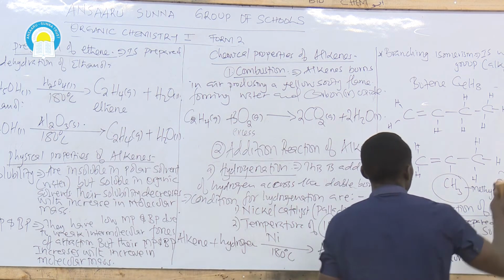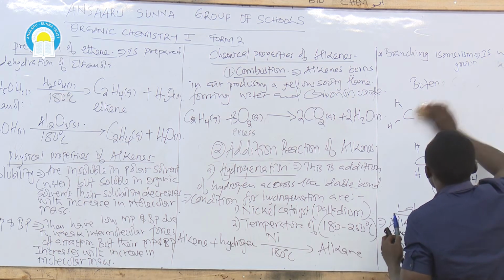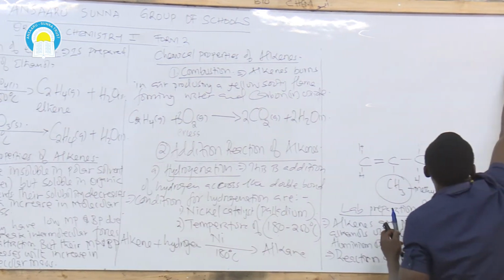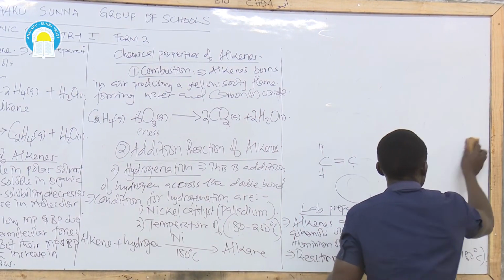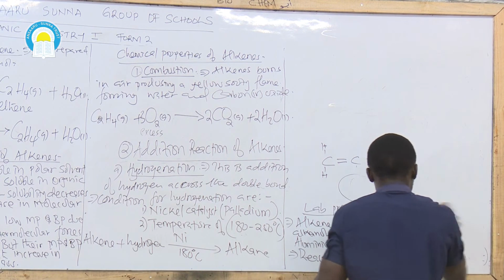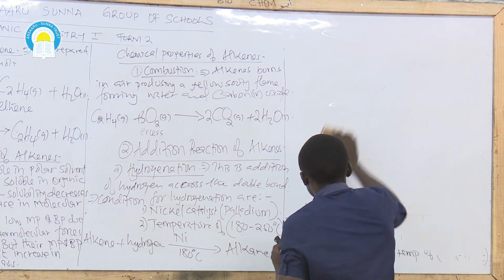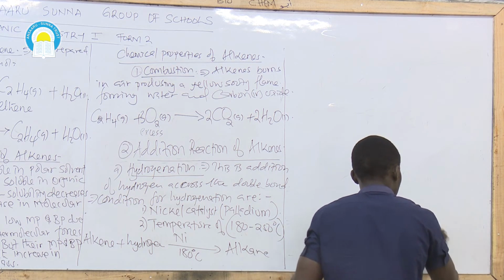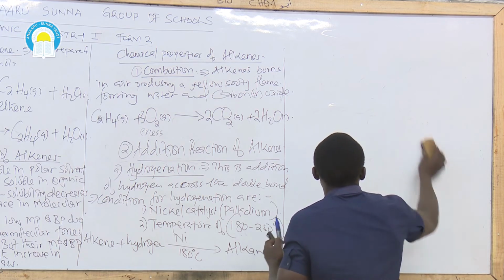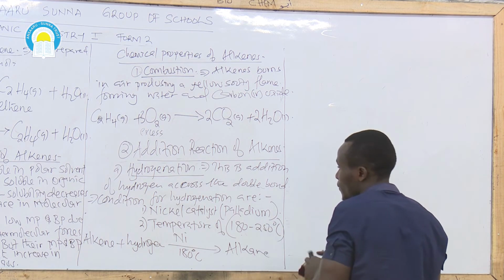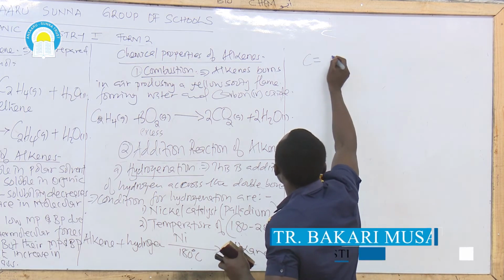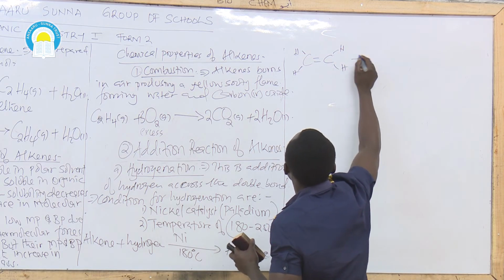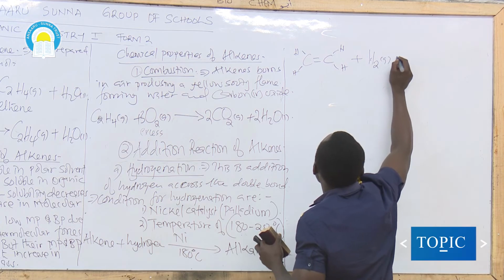Then let's have a look at a simple reaction, that is the reaction of ethene with hydrogen. How does ethene react with hydrogen? Having ethene, we are reacting it with a hydrogen molecule.